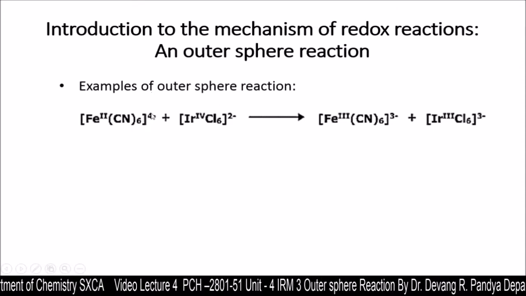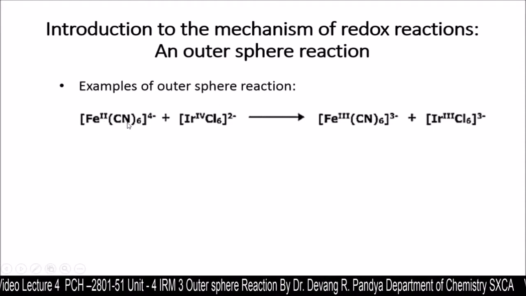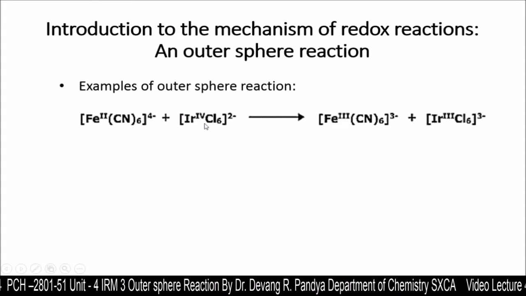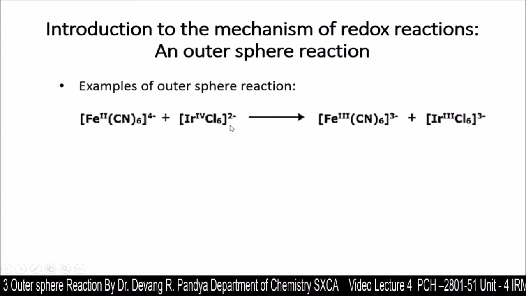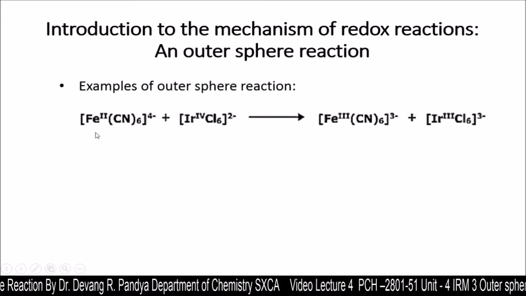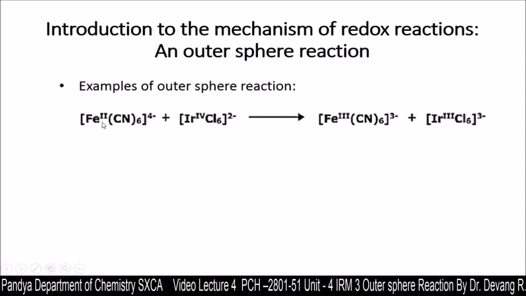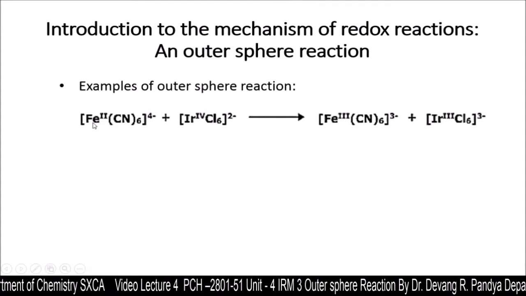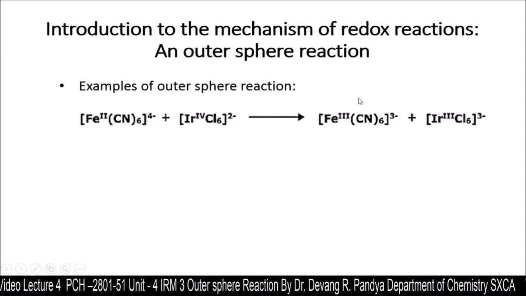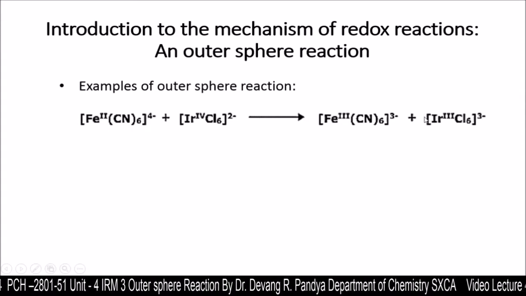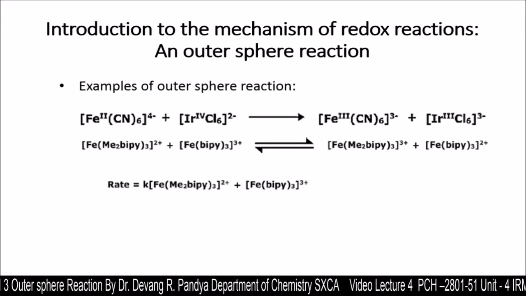The hexacyanoferrate(II) complex and the hexachloroiridate(IV) complex are there, and both outer spheres remain inert. Then the electron transfer takes place from ferrous to iridium. So ferrous is converted into ferric, and iridium goes from the +4 oxidation state to the +3 oxidation state. That way the redox couple reaction takes place.